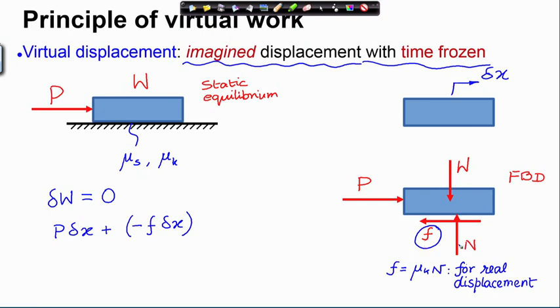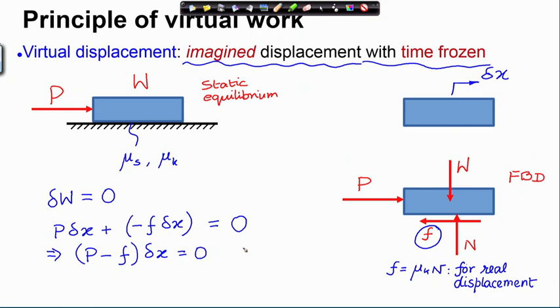W and N, the weight and the normal reaction from the ground, do not do any work under the displacement delta x, as you can see. Therefore, there is no other active force doing virtual work, so the total must be 0. From here it follows that (P minus F) delta x must be equal to 0.